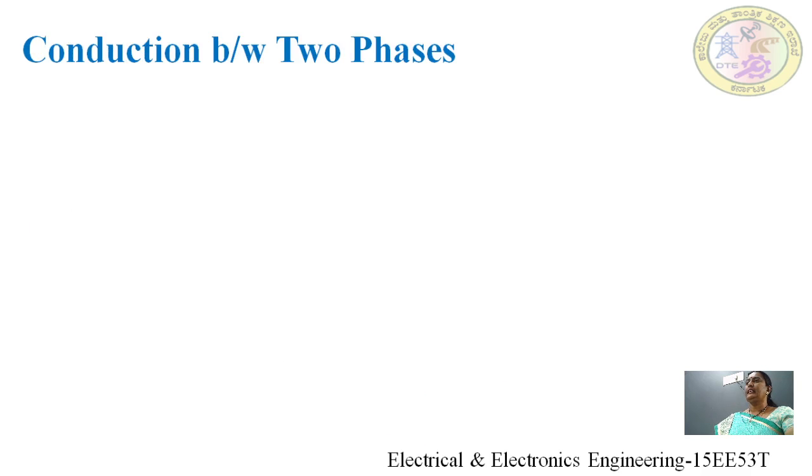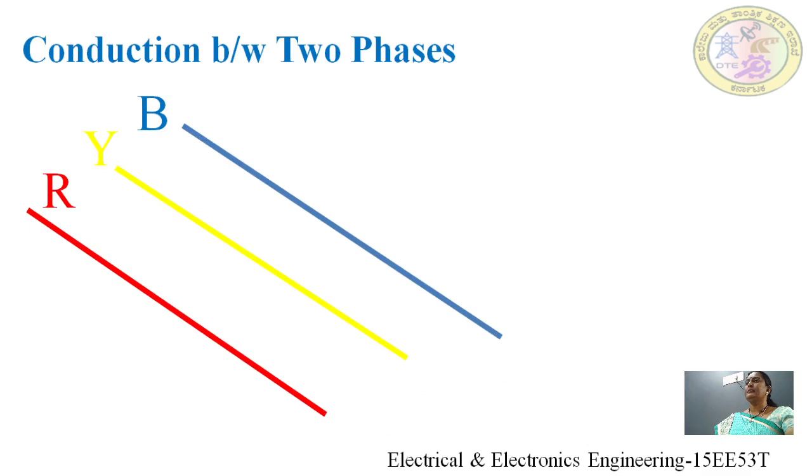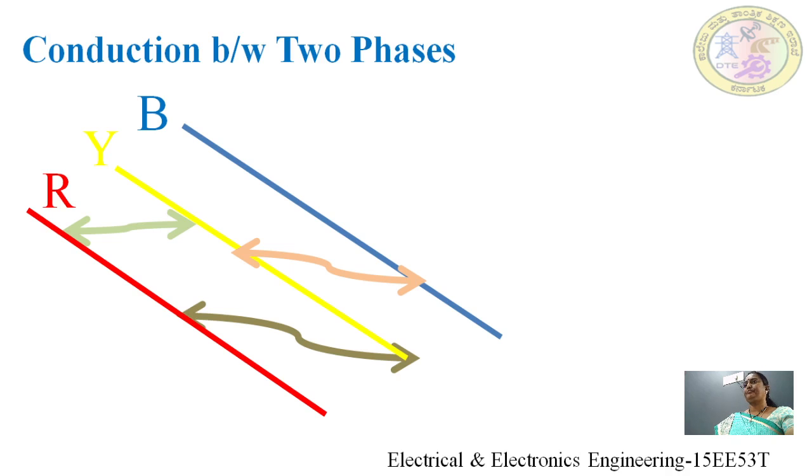Next, conduction between two phases. Here consider a transmission line, a three-phase transmission line abbreviated by RYB. Here there is a fault between R and Y phase, and fault between Y and B phase, and fault between R and B phase.